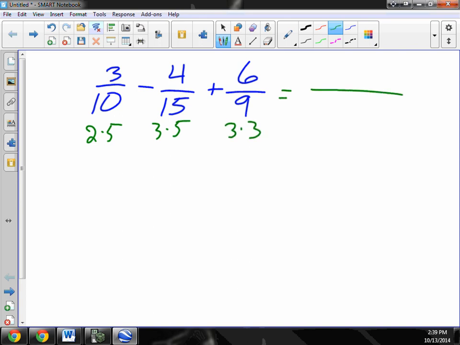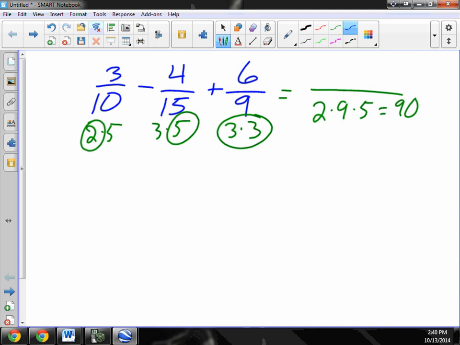So what would my common denominator have? It has a 2, a pair of 3s, and a 5. Everybody get that? So 2 times 9 times 5, 18 times 5, is that, what'd you say? 90? Okay.